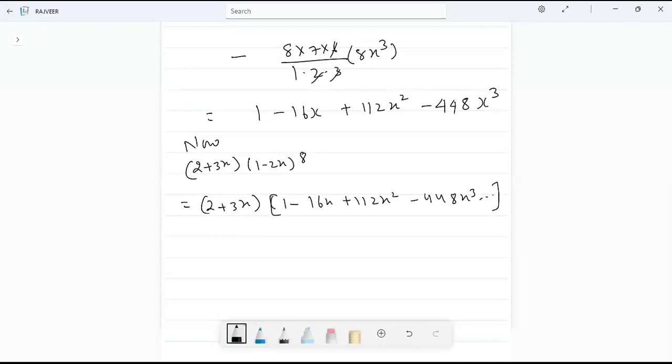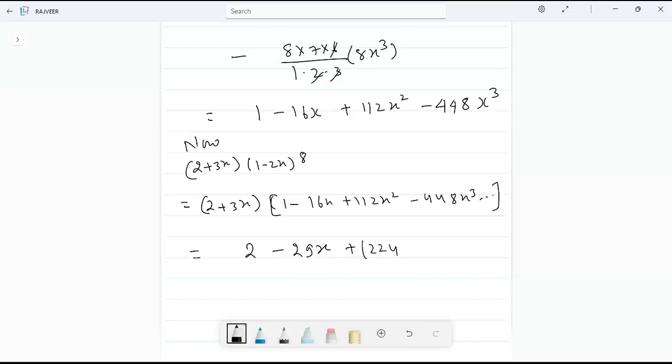So for the first four terms, first we need to multiply by 2. So 2, and minus 2 into 16x is minus 32x, plus 3x. That will be minus 29x. And 2 into 112x square is 224x square.